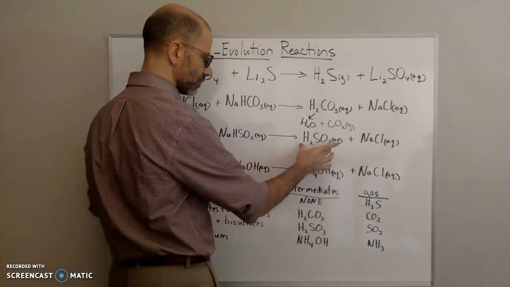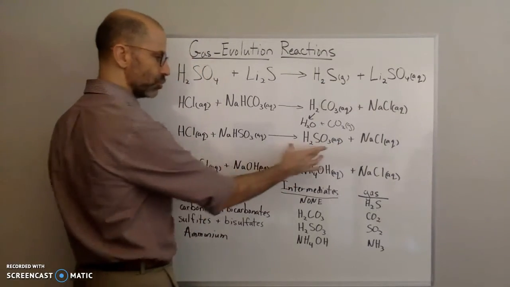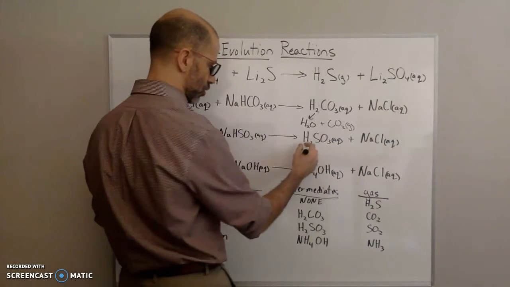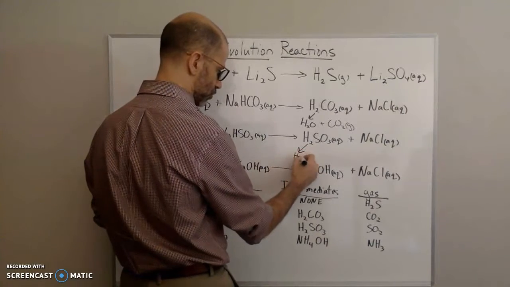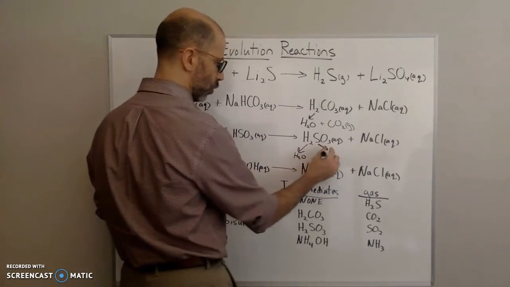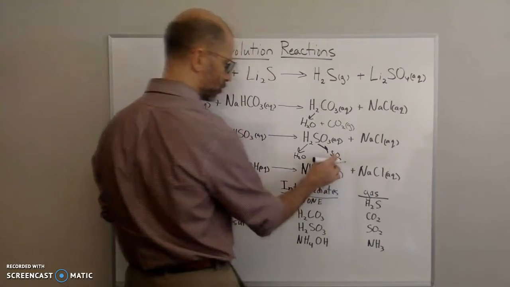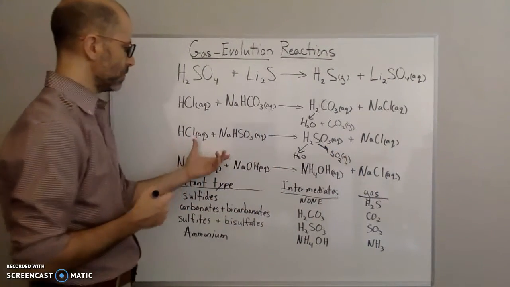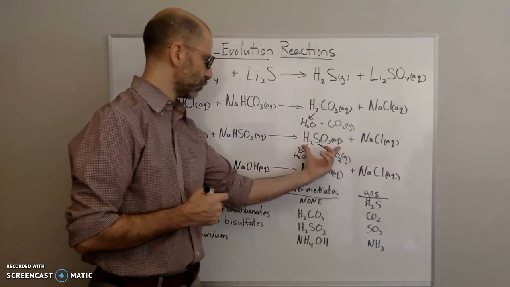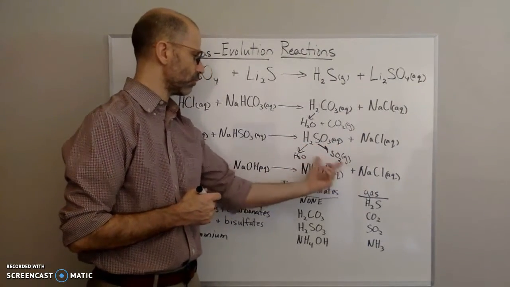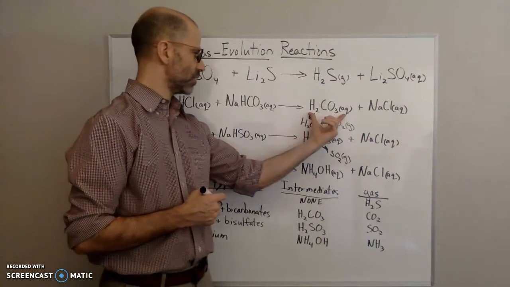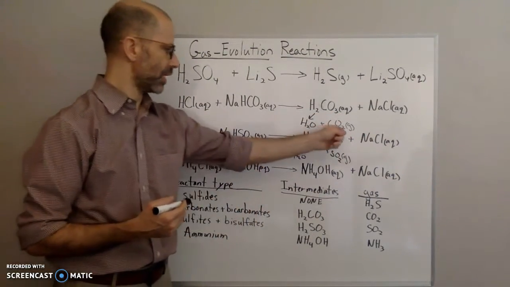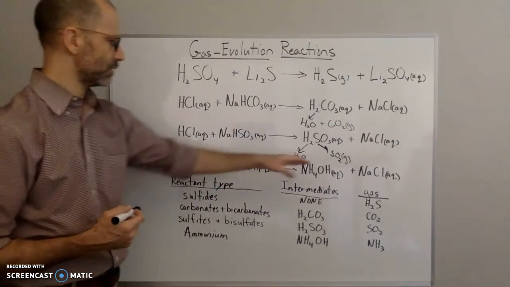This is going to break down, and if I subtract out water from here, removing the two hydrogens and one oxygen, I get water again, H2O, and what's left over is SO2, sulfur dioxide, and that is also a gas. So in this reaction, if my intermediate is sulfurous acid, that's going to break down into water and sulfur dioxide. If my intermediate is carbonic acid, then that's going to break down into water and carbon dioxide. So carbon dioxide is the gas for one, and sulfur dioxide is the gas for this one.